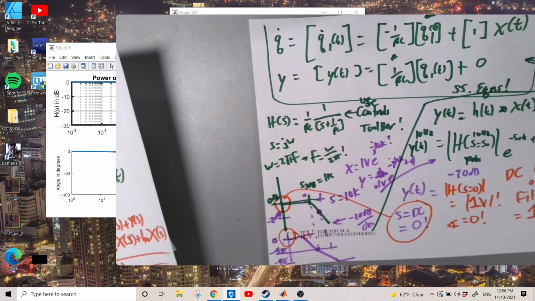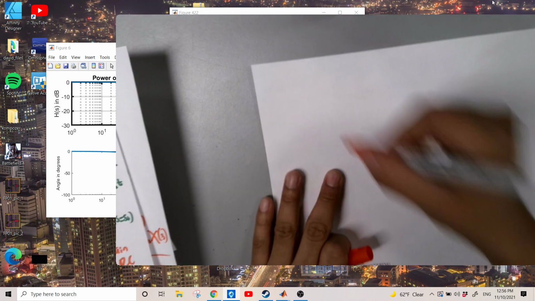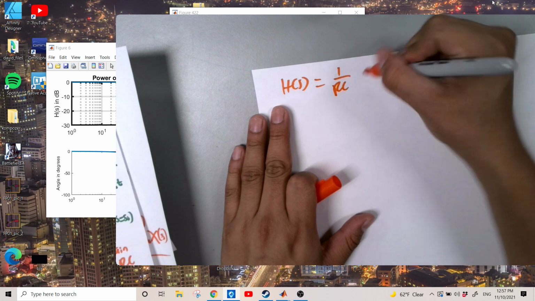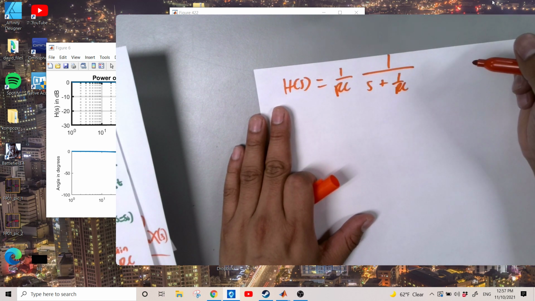So another way of analyzing that is the following. I'm going to show you another way. H of s is equal to 1 over RC, s plus 1 over RC, right?